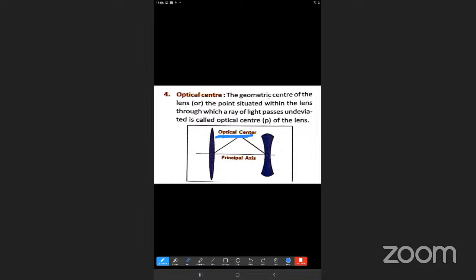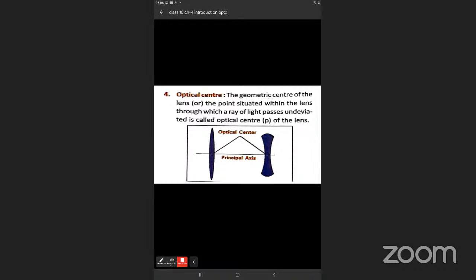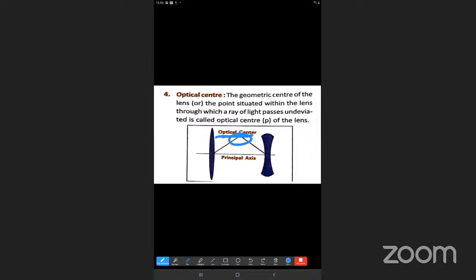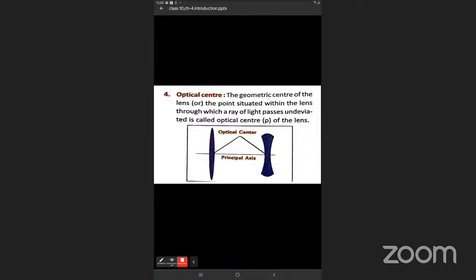This is the optical center. That means when the ray passes through this optical center, the ray will not deviate. After refraction, it passes through the optical center only.